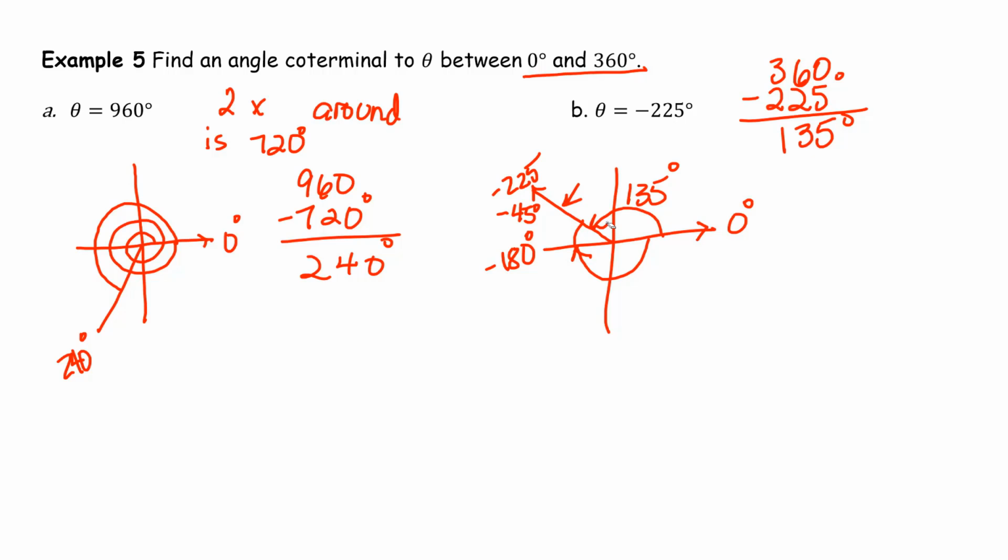So if you have a positive angle, you're going to subtract 360 from that until you get an angle between 0 and 360. And if you have a negative angle and you want an angle between 0 and 360 that's coterminal with that angle, then you will add 360 to it until you get an angle between 0 and 360. Because basically what you're doing is you're just getting rid of those extra spins.